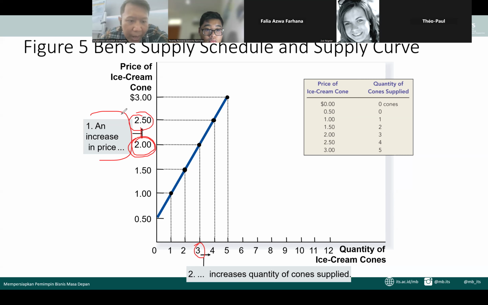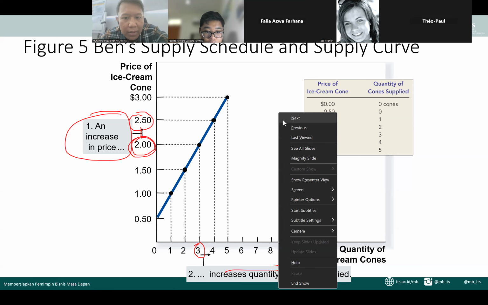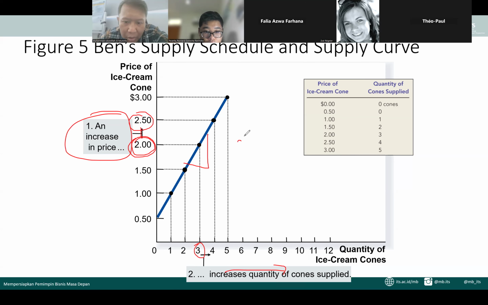So the increase in price will increase the quantity supplied. That's why it has a positive slope. It's different from demand, where we have a negative slope. The supply curve is upward sloping.